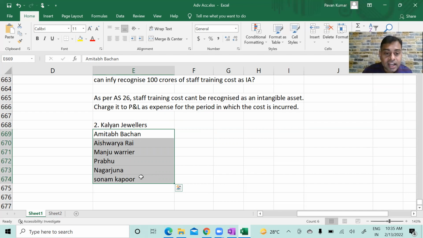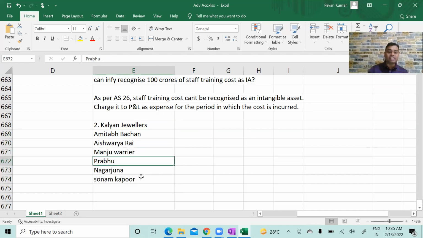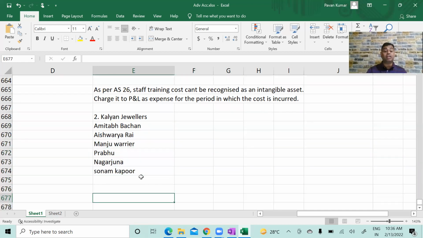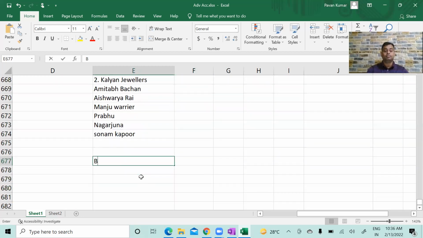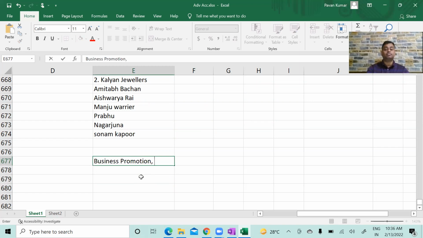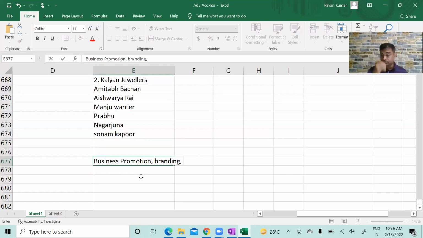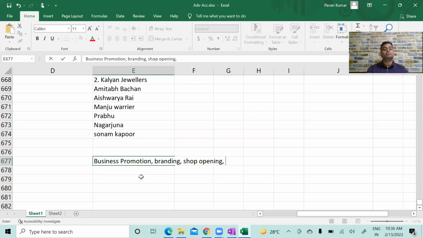Can they recognize an intangible asset out of this endorsement and branding? No. Business promotion, endorsements, branding. Shop opening expenses, launch of product, new branch started.